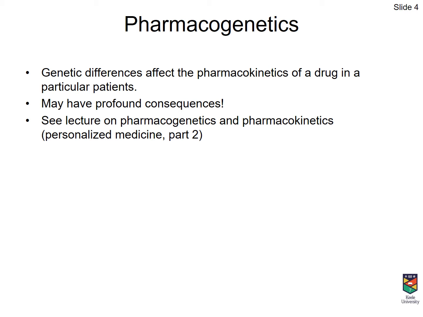We're going to have a whole separate lecture on pharmacogenetics and its impact upon pharmacokinetics, and we'll defer that to that later session. It's called Back to the Future Part 2, Personalized Medicine. For today, though, we're just going to look at some of the more straightforward factors that help us decide how to change a drug dose.